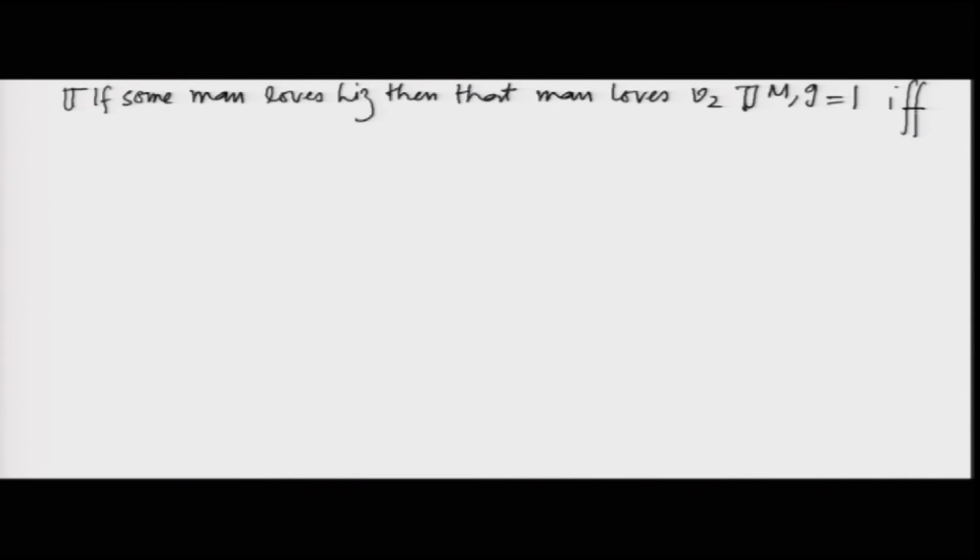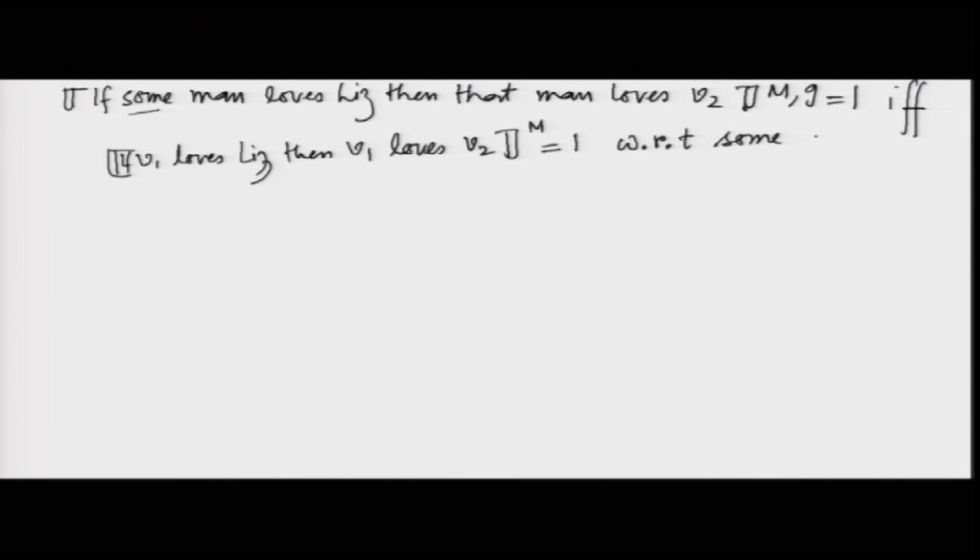So, what is it? If some man loves Liz, then that man loves V2 will be 1 if and only if: if V1 loves Liz, then V1 loves V2 with respect to M is 1 with respect to, now because this is some, value assignment G prime.